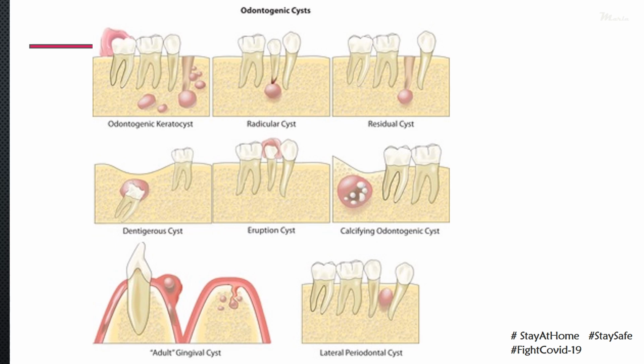We should know at least some few points related to each of the cysts, related to its origin, its potential and its treatment. Calcifying odontogenic cyst is an important topic which results in calcification in the cyst. This topic will be discussed in the next lecture under the topic odontogenic tumors.